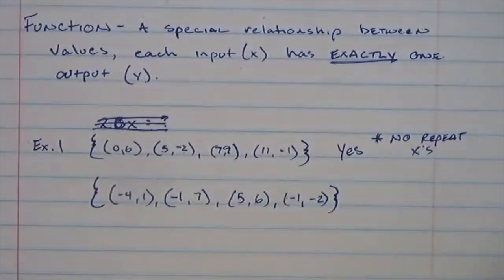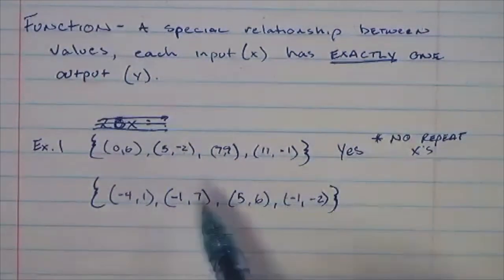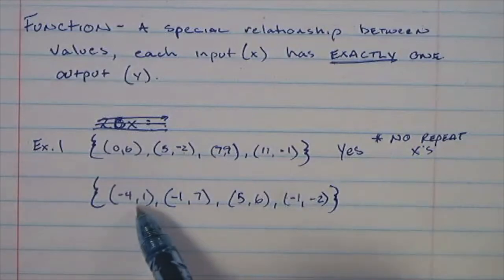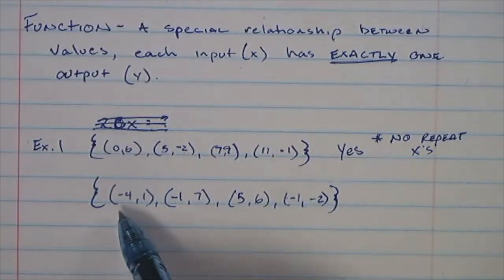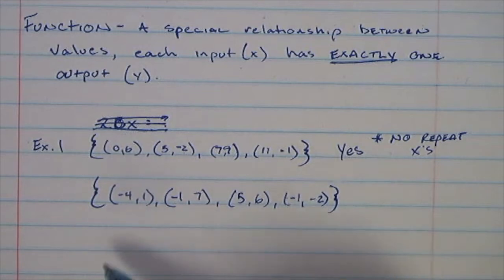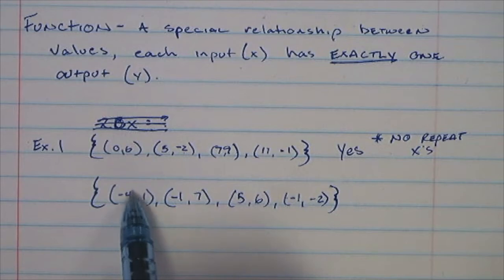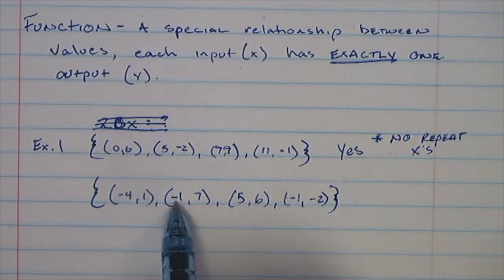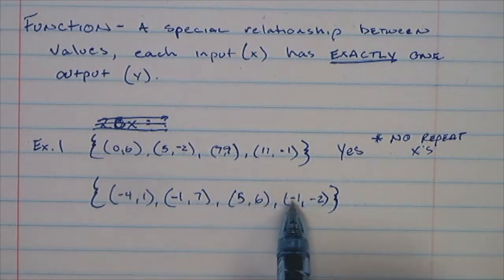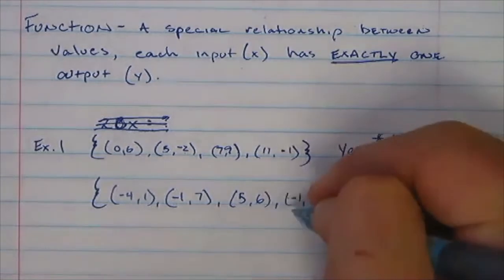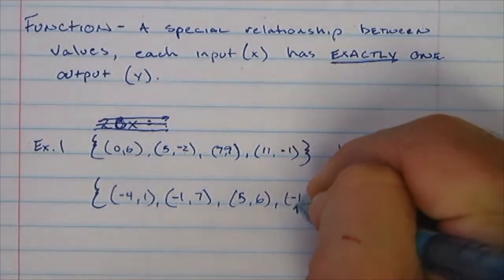Okay, so in looking at this list, this is another discrete list for discrete points on a graph or inputs and outputs. So we can look at each input to make sure it corresponds with only one output. And so we have -4, -1, 5, and -1. So this right here is a problem.